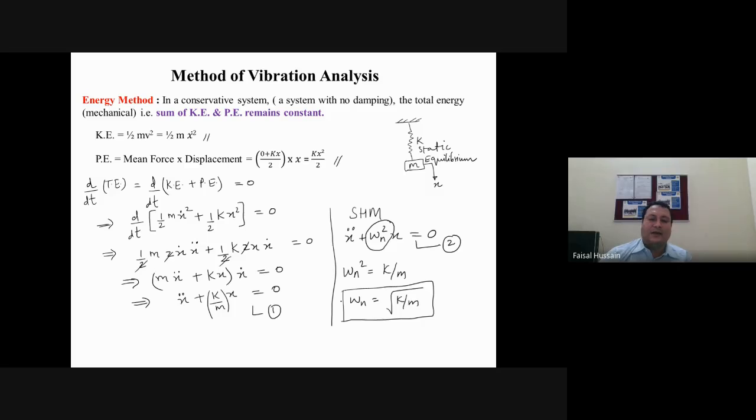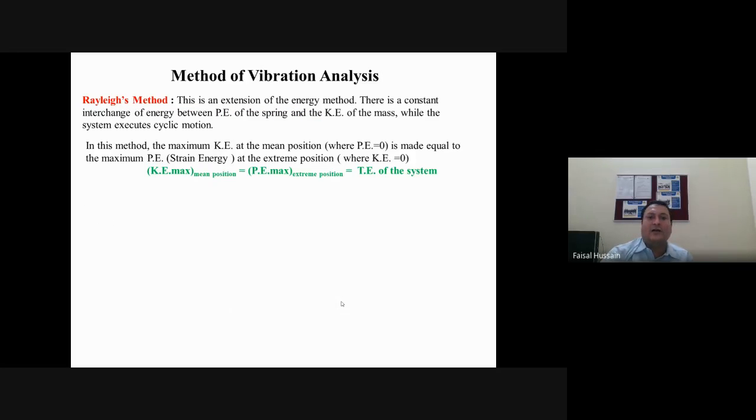through the energy method. Now the third method is your Rayleigh's method. So what is Rayleigh's method? It is an extension of the energy method.